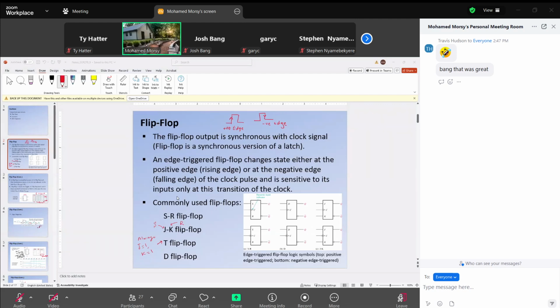The main function of the D flip-flop is to get delay at the output.